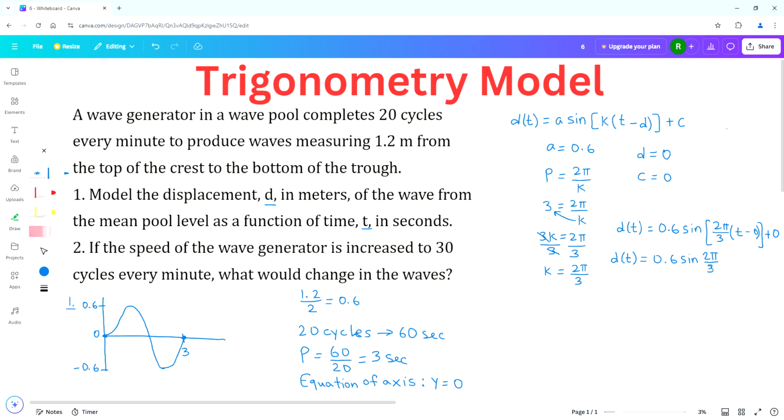T minus 0 is equal to just t, and the other 0 goes away. So this is the final answer for the model of the displacement d.